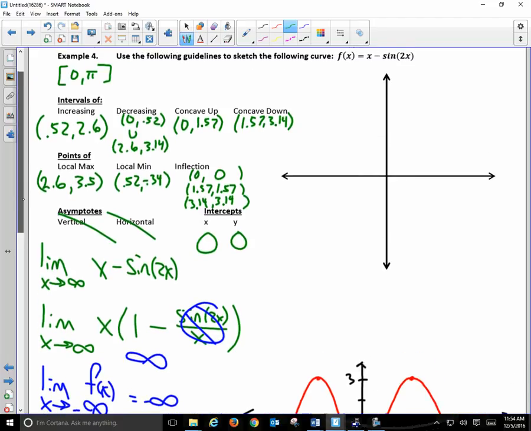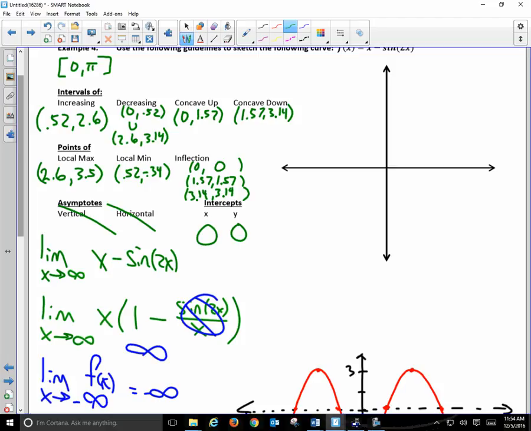And now I've got enough to start to put some pieces together. And so I'm going to make some tick marks here. I'm going to go 8 by 8. 1, 2, 3.